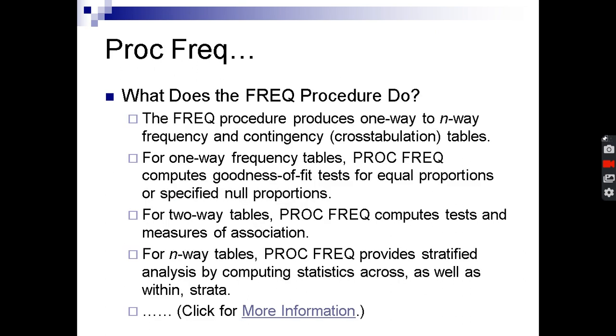You can use proc freq for a one-way frequency table, I mean a frequency table for one variable. And you can also create two-way tables, which are tables for two categorical variables, or n-way tables.